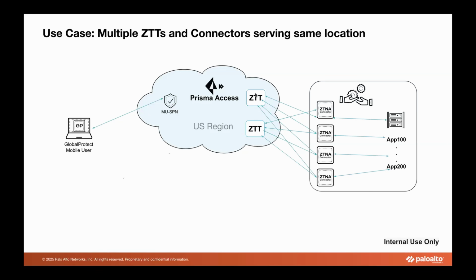And you can have up to 4 ZTNA tunnel terminators in a US region, which supports a different number of applications behind those ZTNA connectors. So you can have multiple connectors serving the same location as well with multiple applications.